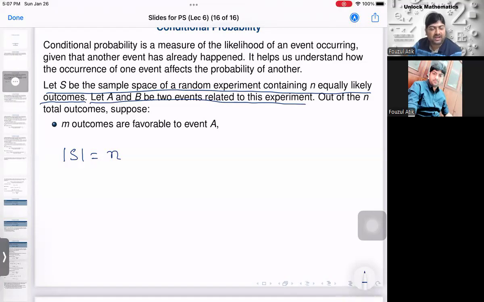Now, out of the n total outcomes, suppose m outcomes are favorable to the event A. So if m outcomes are favorable to A and S has n total outcomes, what should be the probability of A? The probability of A is equal to m divided by n.